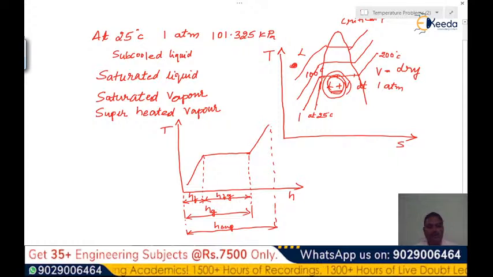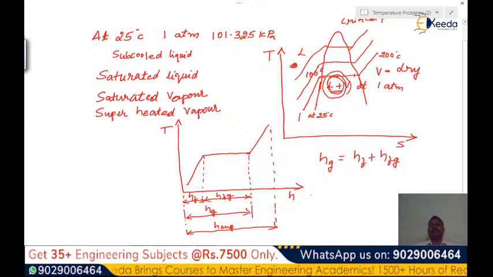So addition of that heat will change its phase from liquid to vapor, that is called the enthalpy of vaporization. The total heat that is required to have a saturated vapor is called Hg. So here Hg is equal to Hf plus HFG.